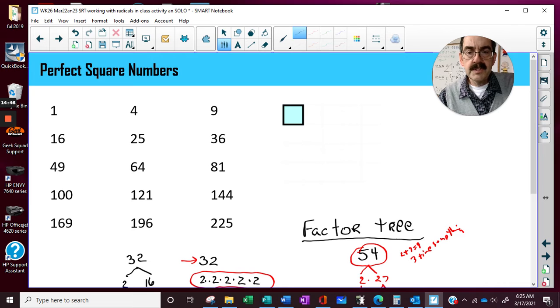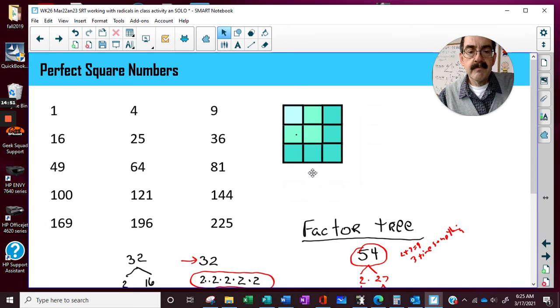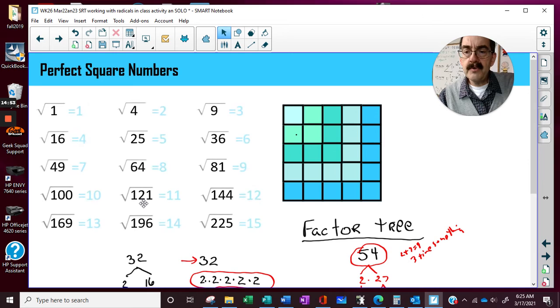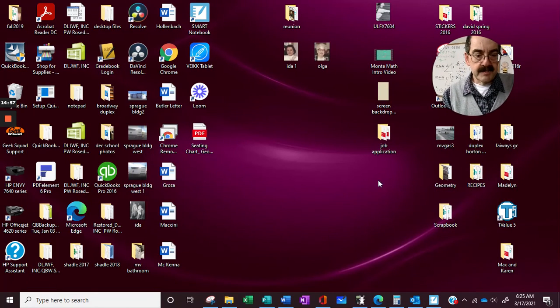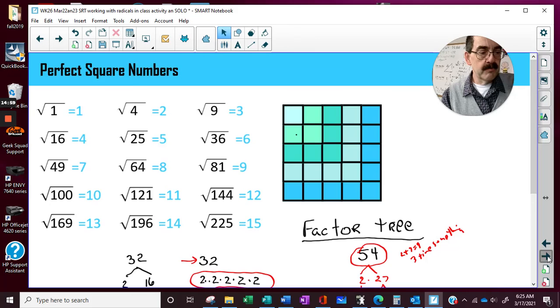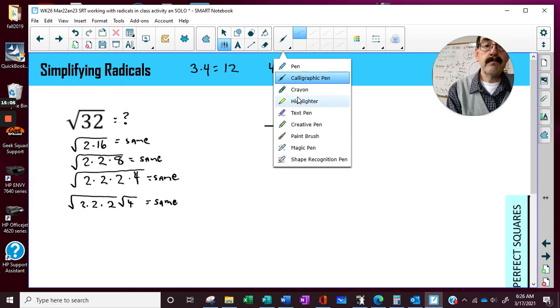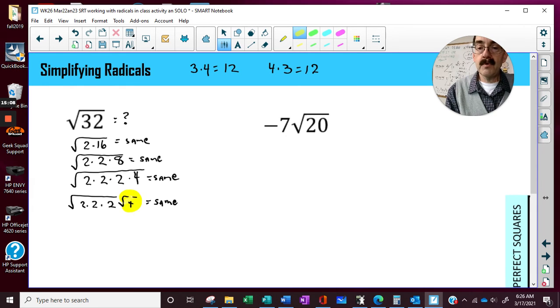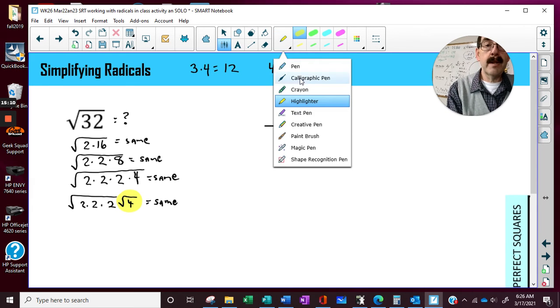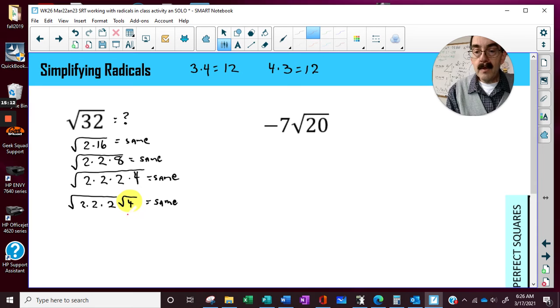You mean to tell me that right here, the square root of 4 can be rewritten with a 2.